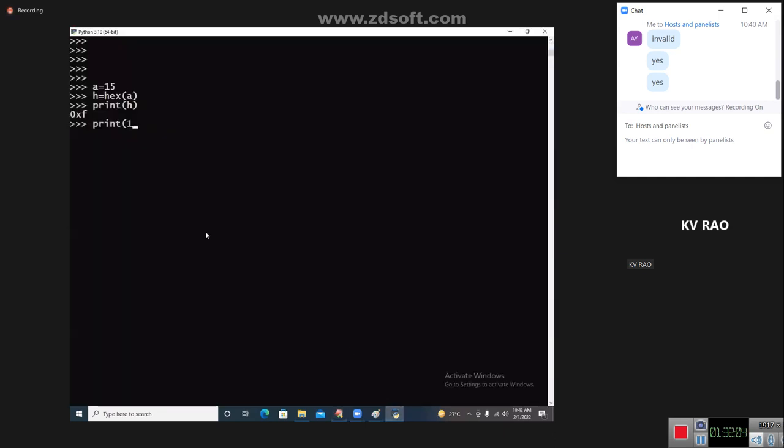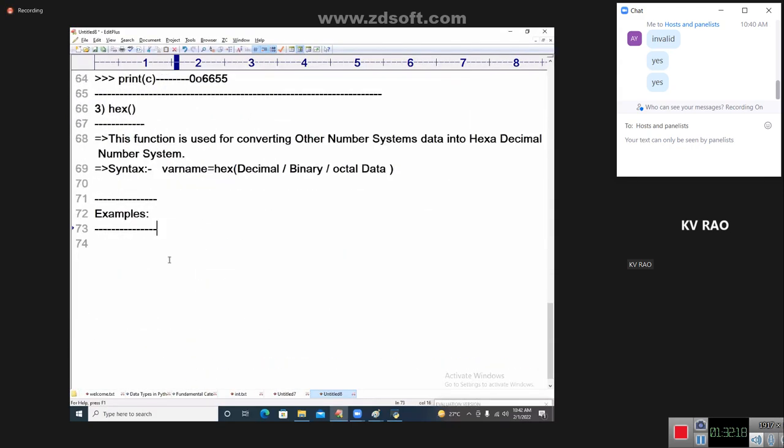I am writing 172. Hex of 172. 172 is called what? AC. 0xAC. Students, please follow me. The first example, which data is this? Decimal data.